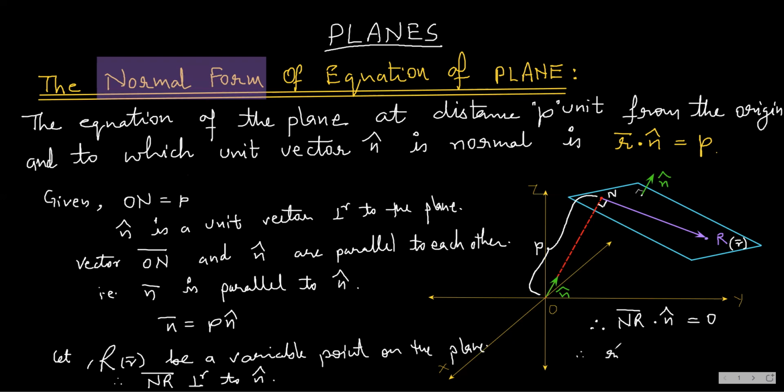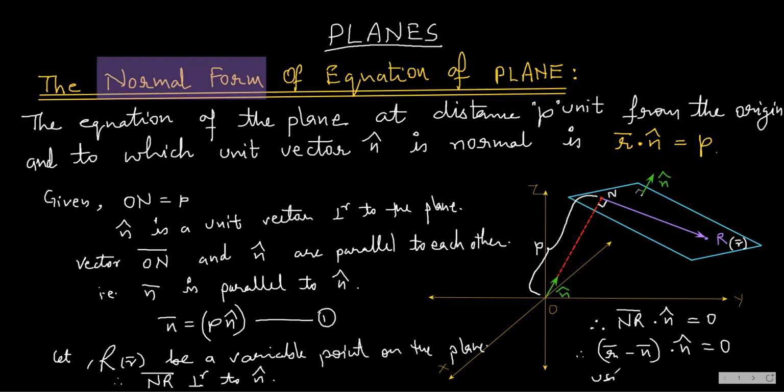Therefore, you will have r bar minus n bar dot n cap equals 0. And what is n bar? n bar is p times n cap. You see this? So I will use it here. I write this as 1.